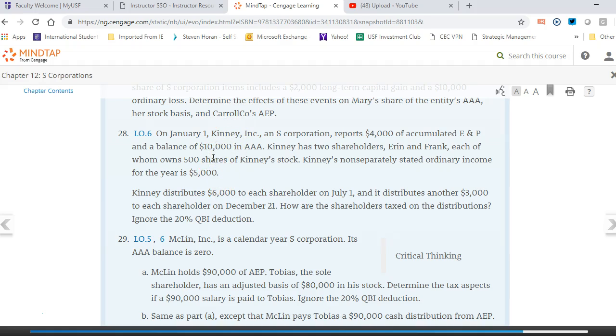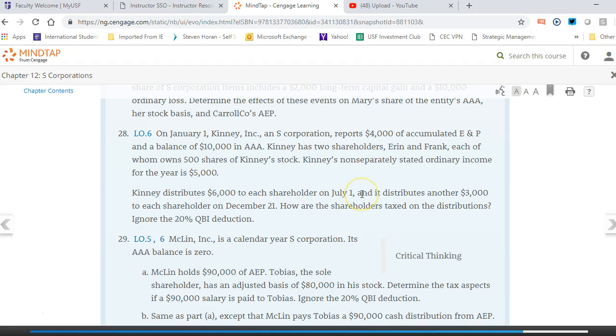And then distributions for the year total 18,000, right? So two people own the company, and they received two different distributions, 6,000 each, and then 3,000 each. So this is 12,000, and this is 6,000, for a total of 18,000 worth of distributions. Okay, so think of it from that perspective. So 15,000 AAA, the 10 plus the 5, and then 18,000 of distributions were paid out.